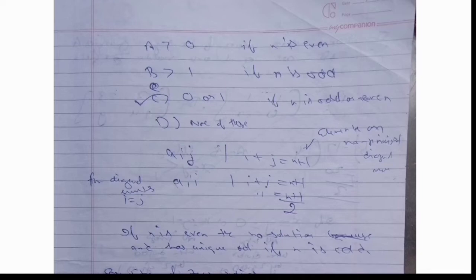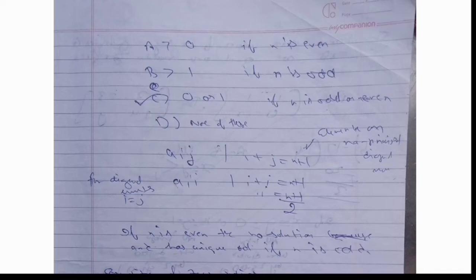So by putting j equal to i, we will have i plus i is equal to n plus 1, so i is equal to (n plus 1) divided by 2. If n is even, then there is no solution. That means we will get 0 elements on that line. And we have a unique solution if n is odd.